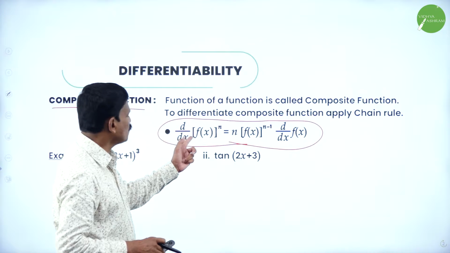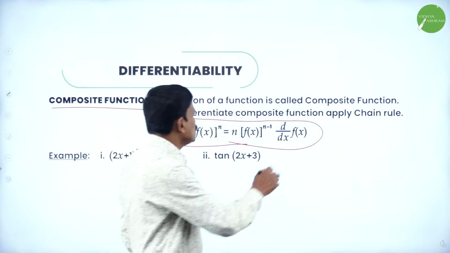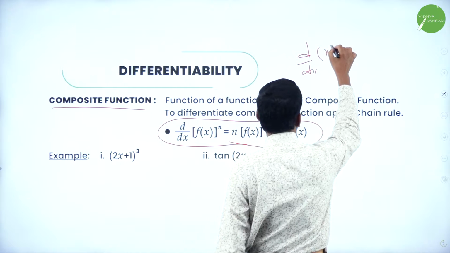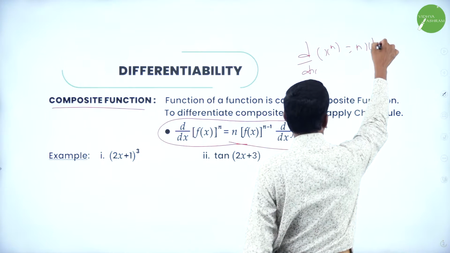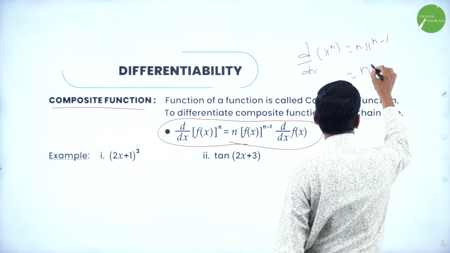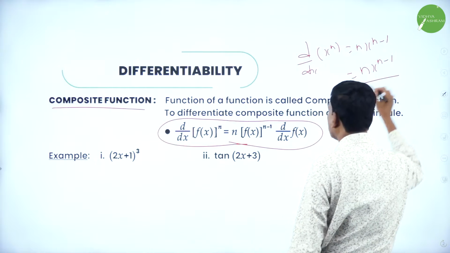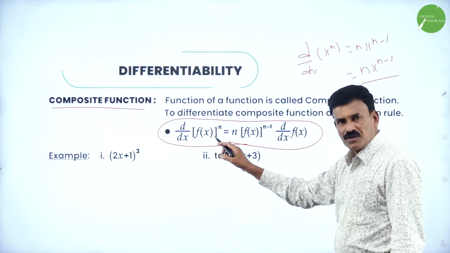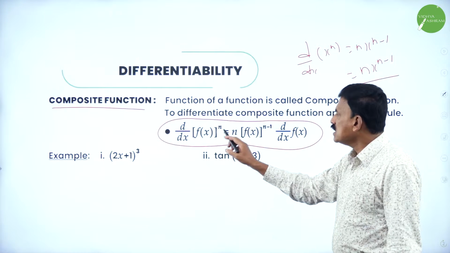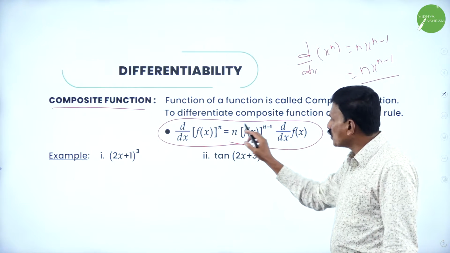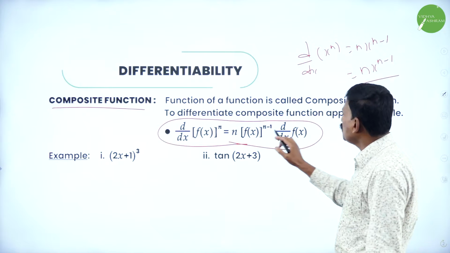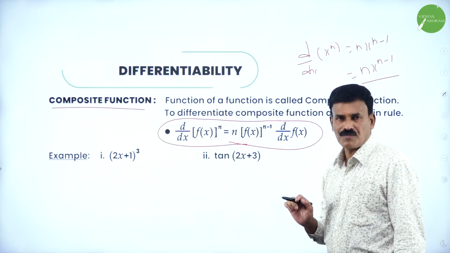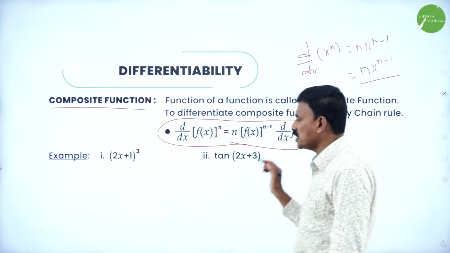Since we know the formula for d by dx of x to the power of n is n into x to the power of n minus 1. Similarly, d by dx of f of x to the power of n is n into f of x to the power of n minus 1 into d by dx of inside function, that is d by dx of f of x. That is called the chain rule.